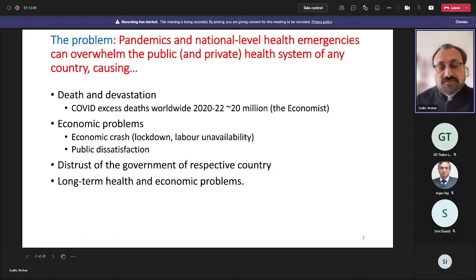Also, there is distrust of government because Dr. Kaveri referred to WhatsApp University. That creates rumors, but those rumors have pseudo-scientific basis sometimes. But in general, there is this long-term health problem coming from COVID. We call it long COVID, but also the long-term economic problems. Parts of the economy have shifted. The auto industry, for example, has continuing problems.